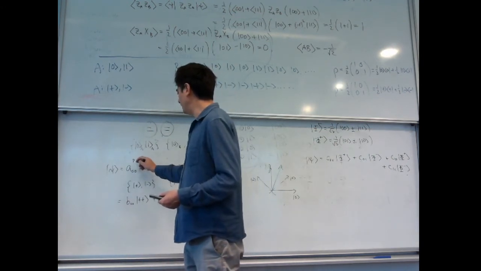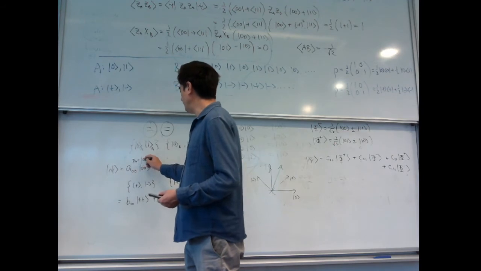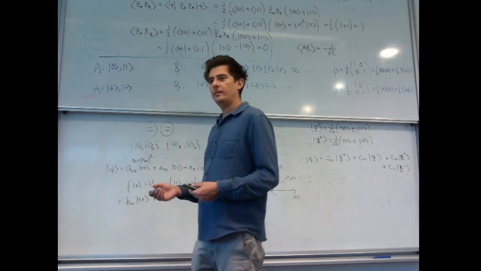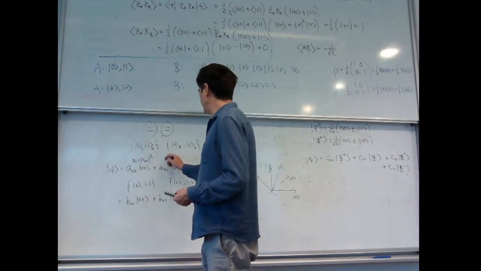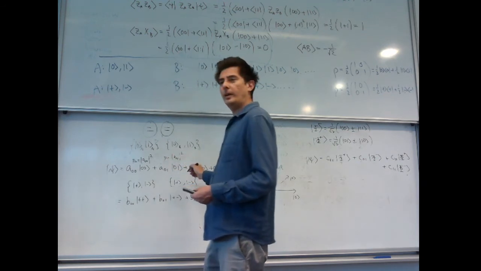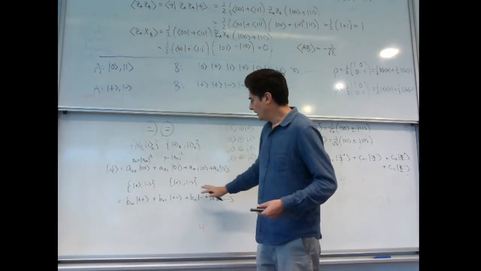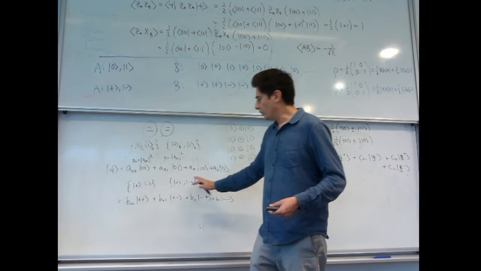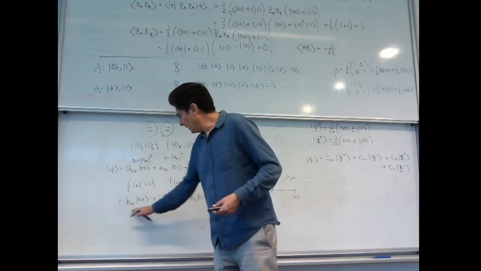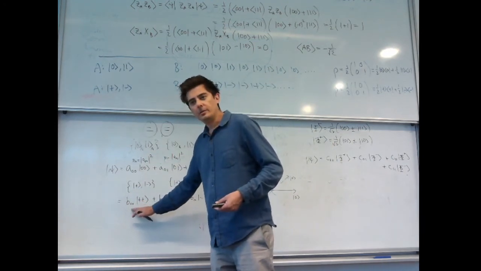So say we get this outcome, and the probability of that would be A00 squared. And the probability of this one would be A01's modulus squared, right? So that's if we did the measurement in the 0-1 basis. But if I did it in the plus-minus basis, of course I'd get some other probabilities. It'd be like B0 squared.